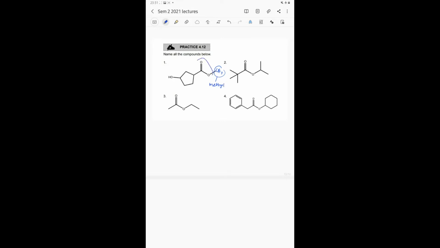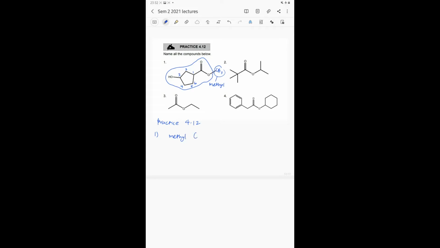So this will be the alkanoate part. Look at the alkanoate part. We have a cyclic structure, a ring, and we have OH attached to the ring. So you need to give numbers to the ring: 1, 2, 3, 4, 5, 6. Okay, so for practice 4.12, number 1, the name will be, we state the alkyl first, methyl, and then space.